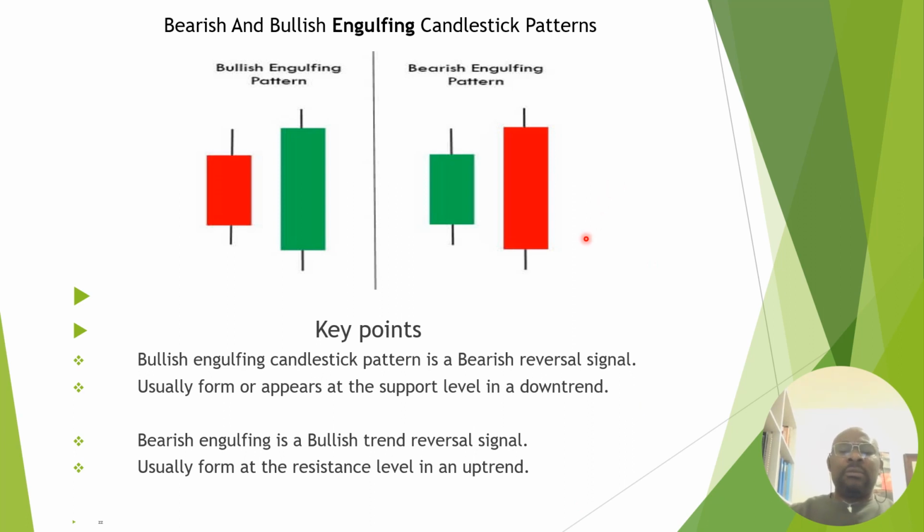Yeah, as we can see, we have the bearish and bullish engulfing candlestick patterns, like I have taught us earlier. Here, this one is the bullish engulfing pattern. You can see we have the red candle, which carries the color of the current trend.